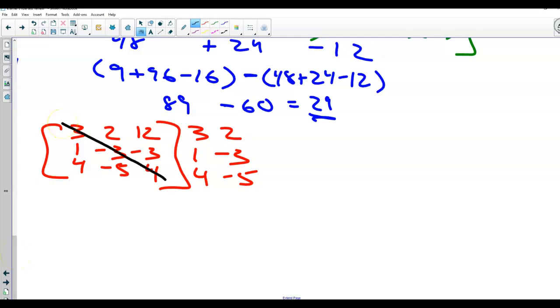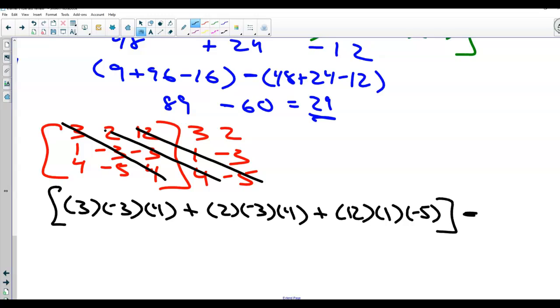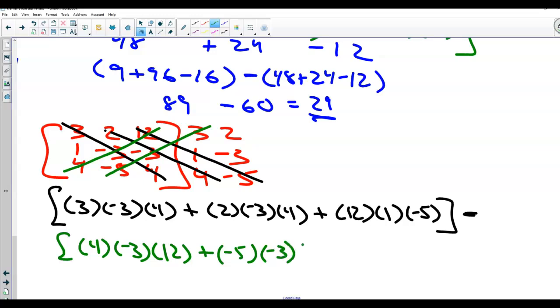So, 3, negative 3, 4, plus 2, negative 3, 4, plus 12, 1, negative 5. Four, negative 3, 12, plus negative 5, negative 3, 3, plus 4 times 1 times 2.